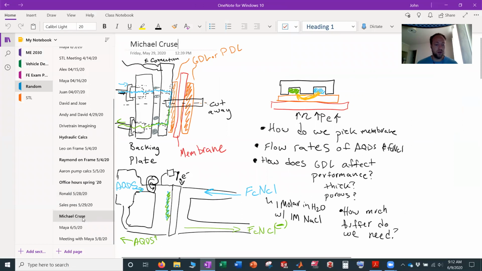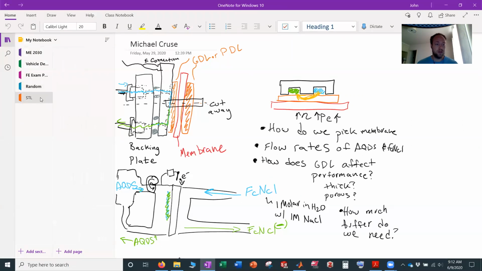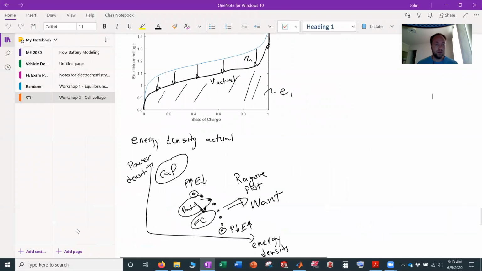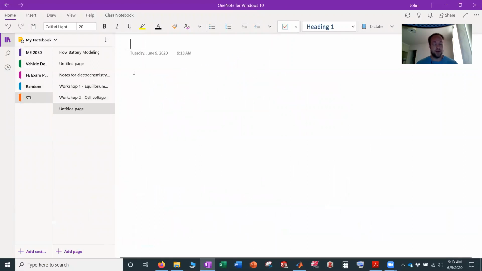Okay, so there's one other thing that I need to do. The other thing I should point out, so for the Nernst equation, right?